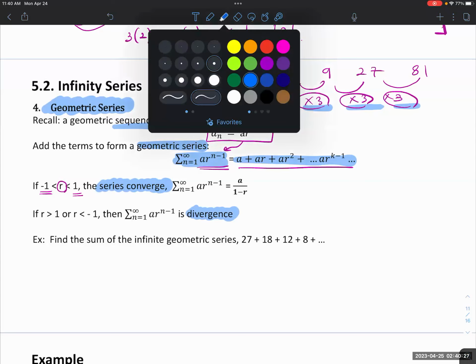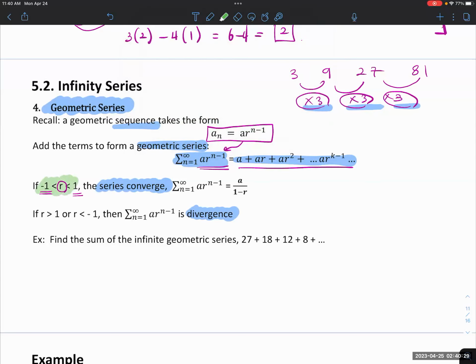So it's determined by the size of the common ratio. If the common ratio is between negative 1 and 1, it converges, and you can find where it's heading to: a over 1 minus r. Second, if the common ratio is greater than 1 or less than negative 1, it is always divergent. So let's take a look at the example.